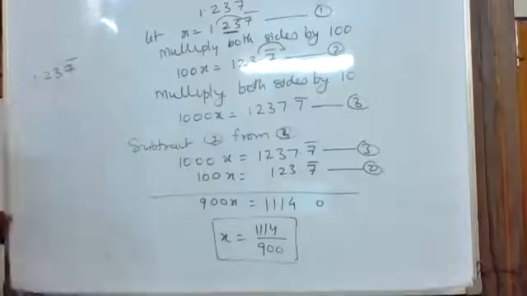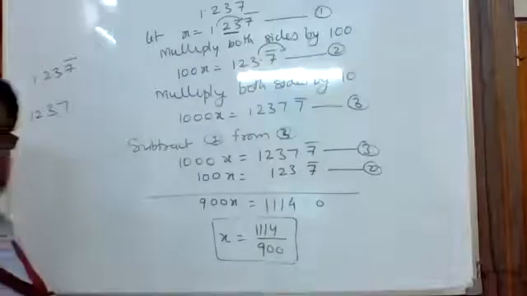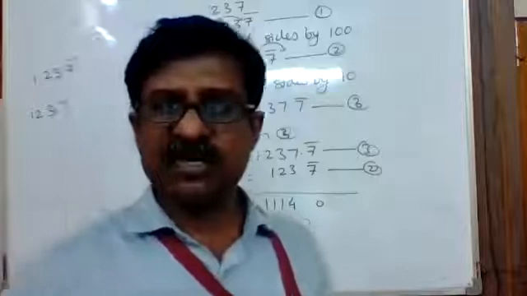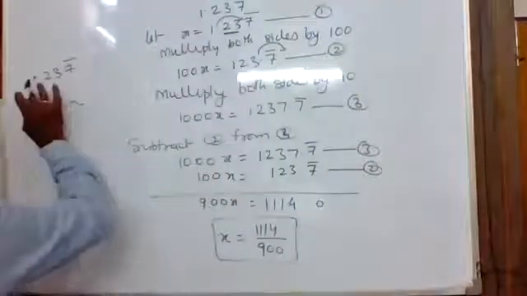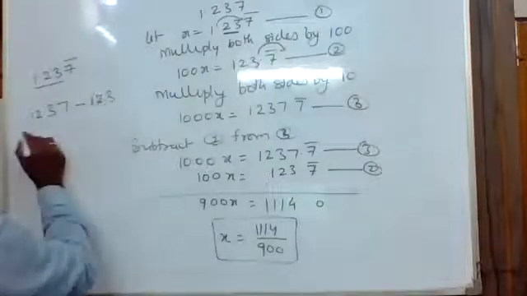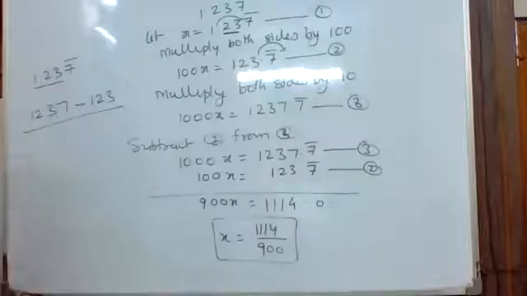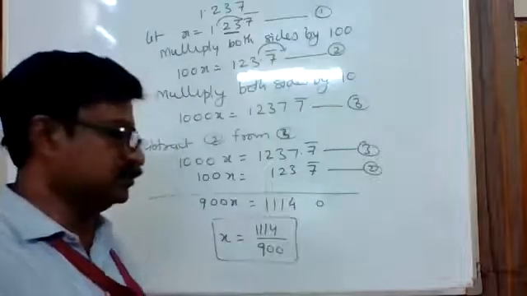Now, to get the direct answer, as I said: if the number is 1.237 with the bar over 7, copy the numerator as it is, 1237. After copying 1237, subtract the number which is not having the bar. 1, 2 and 3 are not having the bar, therefore 123 has to be subtracted from the numerator. That's the numerator part.